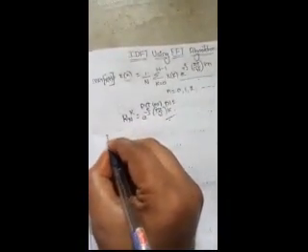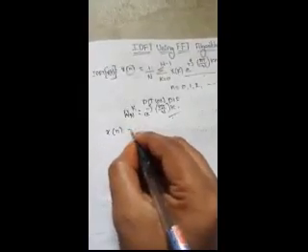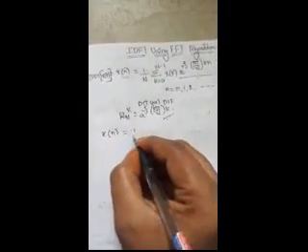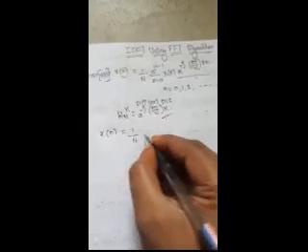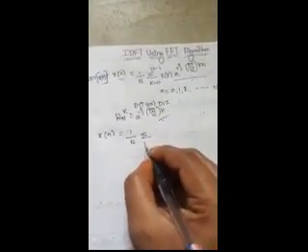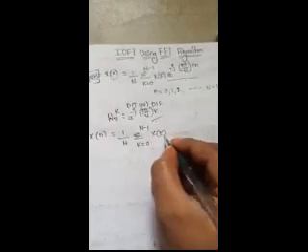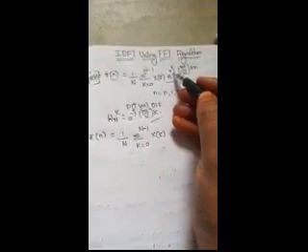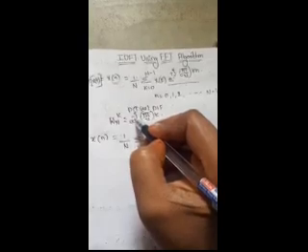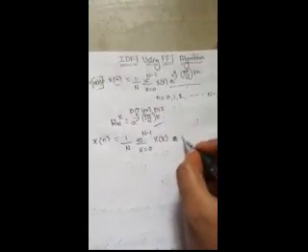So x of n equal to 1 by N sigma k equal to 0 to N minus 1 X of k e power, here in this equation we are having plus, but the twiddle factor has a negative term, so we can write it as Wn of minus k.